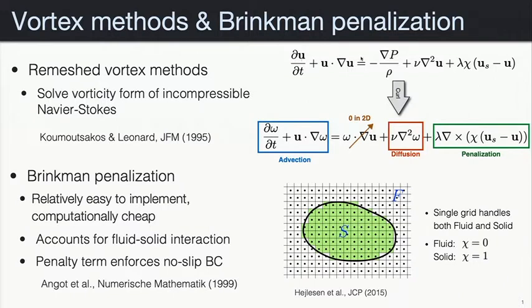See, again, we have the Navier-Stokes, and that's the forcing term. Lambda is actually set to 1 over dt, so we can just ignore it for the time being. But what actually does this penalty term do? Just think about it for a second.